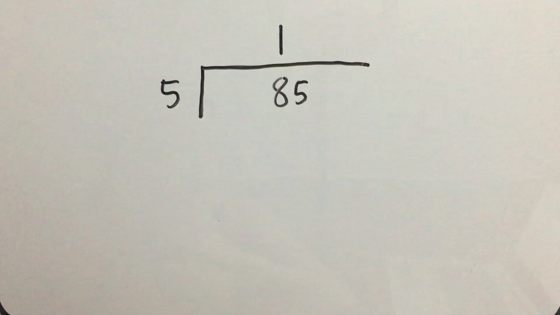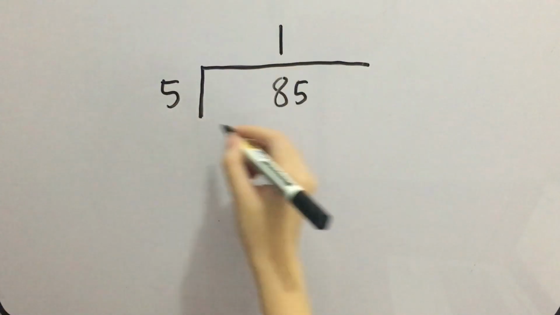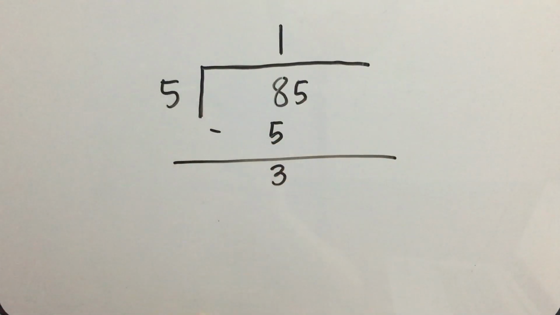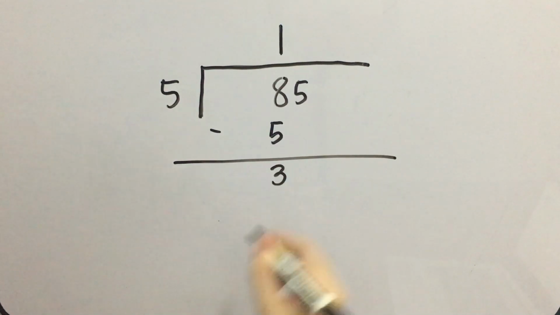Step 3. Multiply the quotient to the divisor, then subtract. Step 4. Bring down the next digit one at a time, then repeat steps 2 and 3 until you reach the last digit of the dividend.